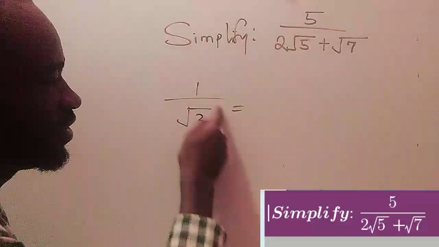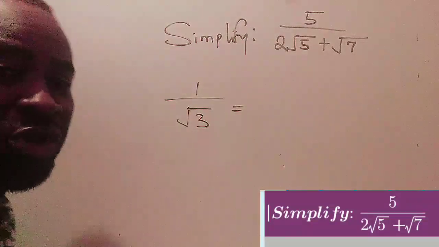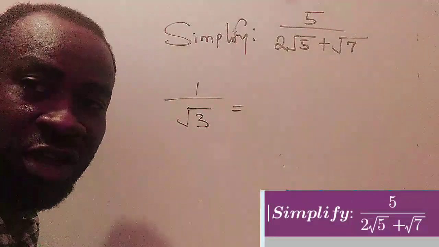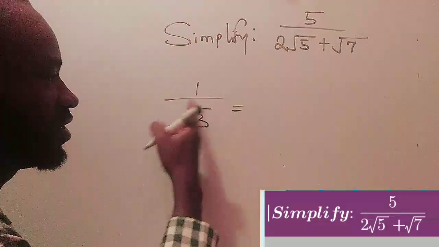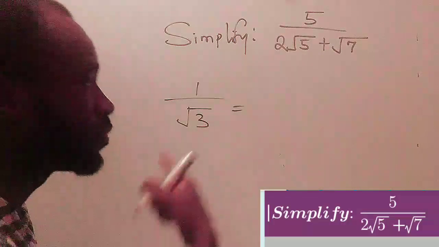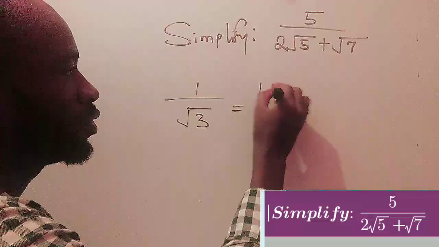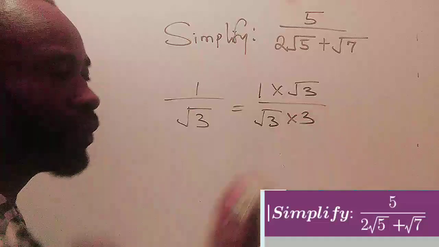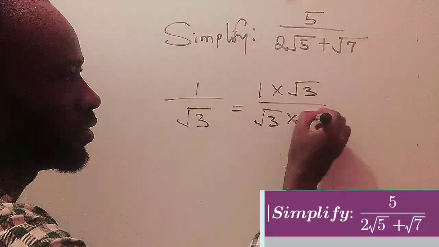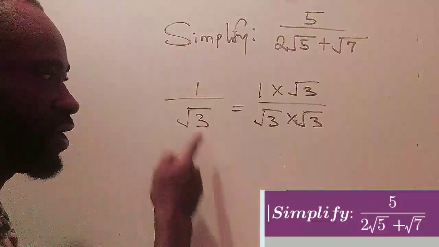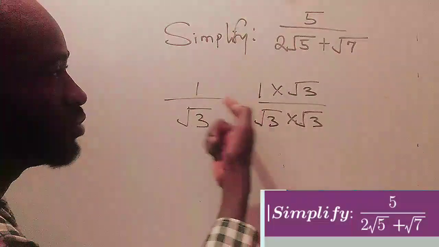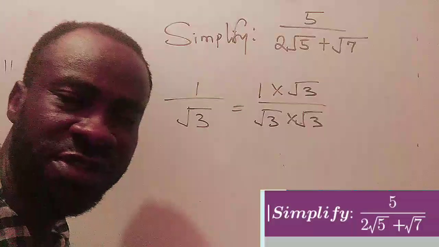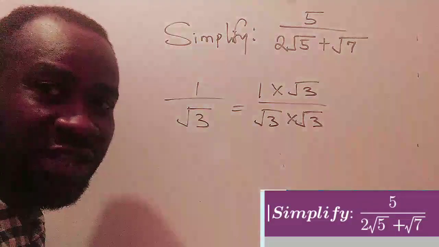To get rid of this surd in the denominator, we apply what we call rationalization. To rationalize simply means take this same surd that is at the denominator and use it to multiply both the numerator and the denominator. You can see I've used this same surd to multiply both numerator and denominator. That is just the concept of rationalization.